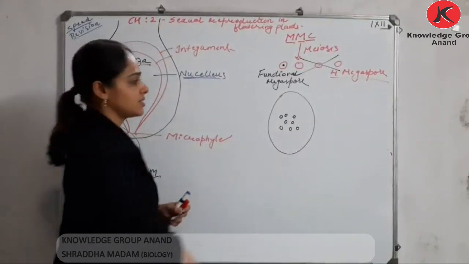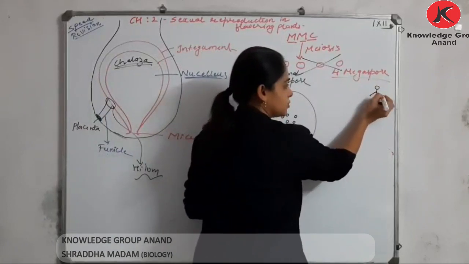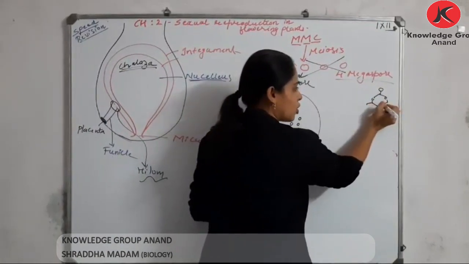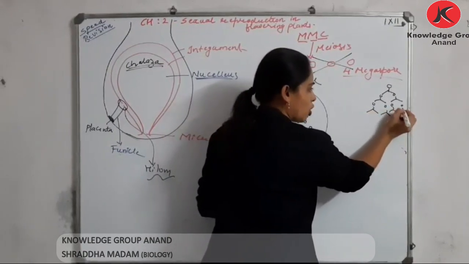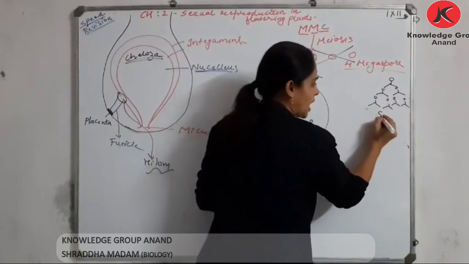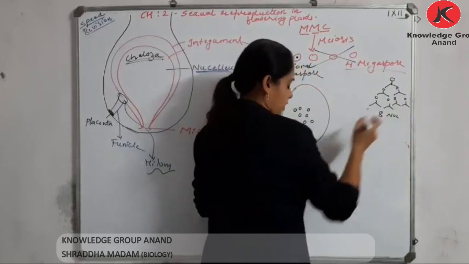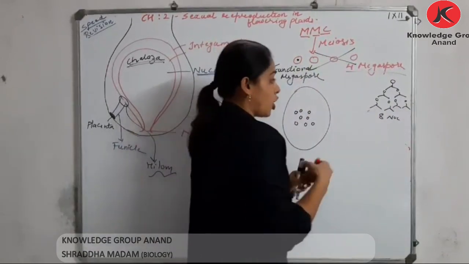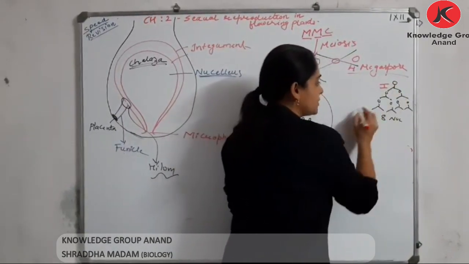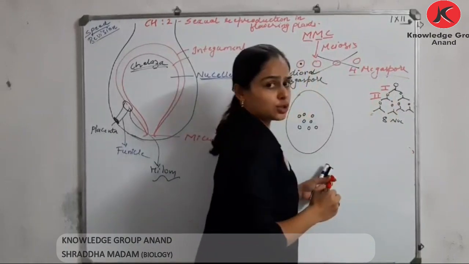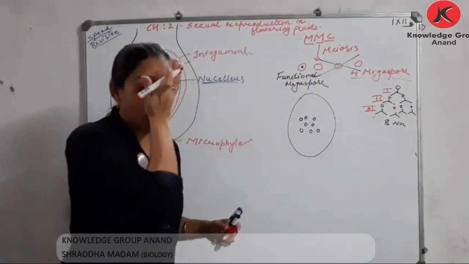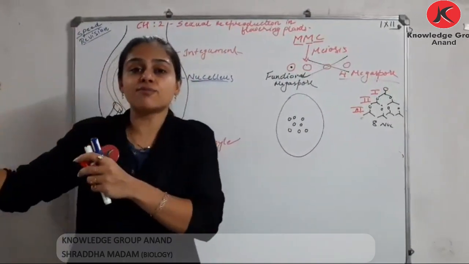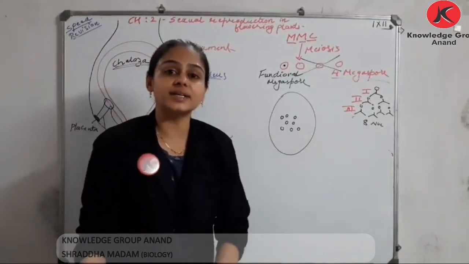Am I clear? जैसे ये एक के 2 nuclei, this undergoes mitosis to form 4 nuclei, this undergoes mitosis to form a total of 8 nuclei. Okay, so this is your mitotic division 1, mitotic division 2 and mitotic division 3. So at the end of 3 successive mitoses you will get 8 nuclei.